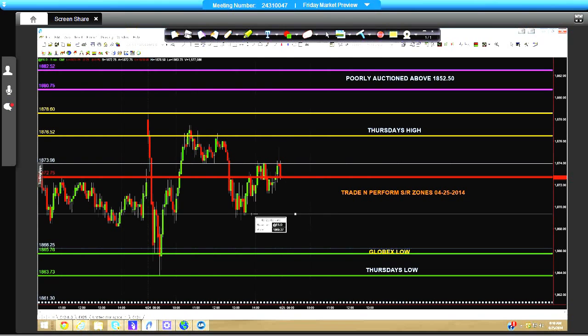I'm not putting zones here because I don't want to have a resistance zone right here when I know the market is probably going to make an attempt to fill the gap at some point. I don't want to step in front here knowing that there's good odds, because markets like to close gaps, right, of filling here.